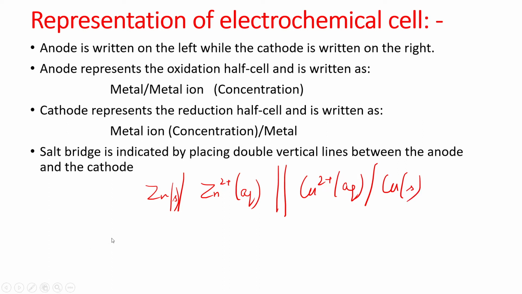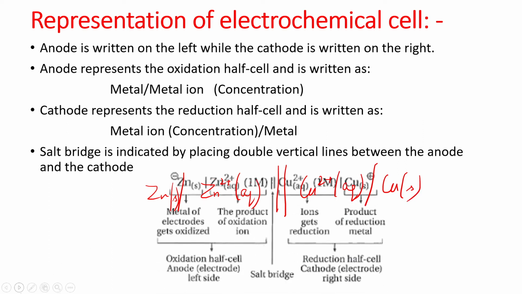That's how you present the cell. Zinc solid will convert into zinc 2 plus. In the brackets you can write the concentration, while in between there is a salt bridge, and then we have copper 2 plus ion in the electrolyte which is converting into copper solid.